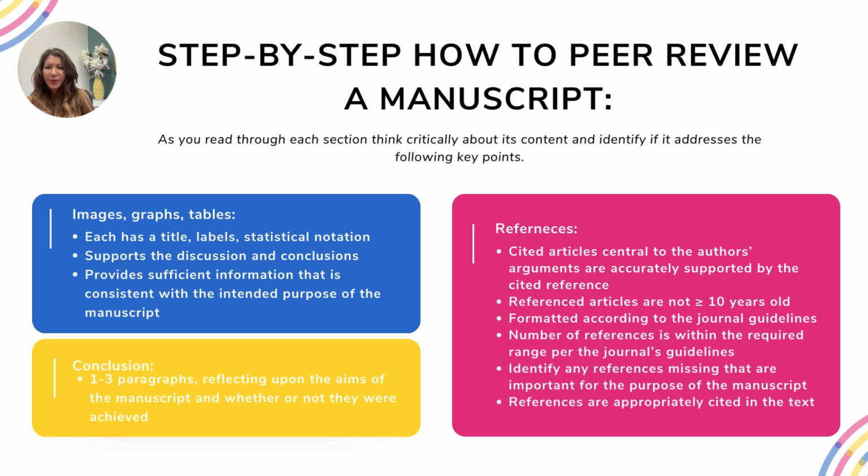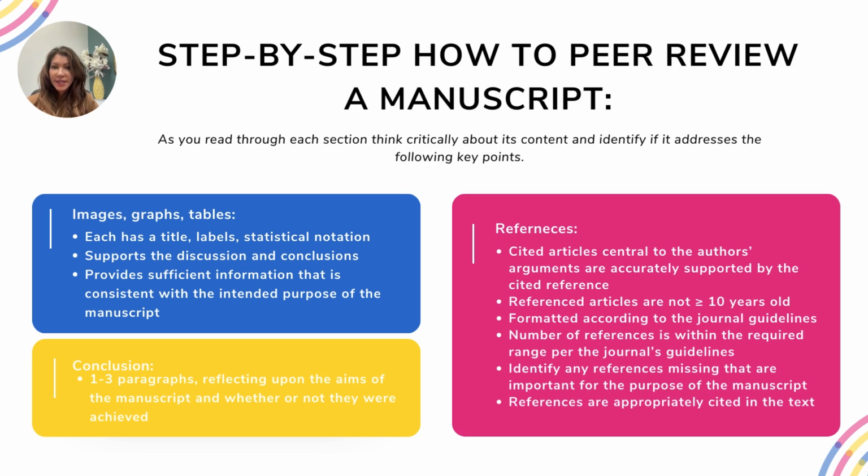It must have a purpose for being there, not just because it looks cool. And it should be very clear that it has a title, it has a label, it has statistical notation, references if needed. And then when we move on to the conclusion, 1 to 3 paragraphs is really all you need, reflecting the aims of the manuscript and whether or not they were achieved.